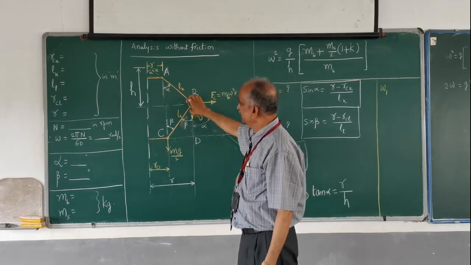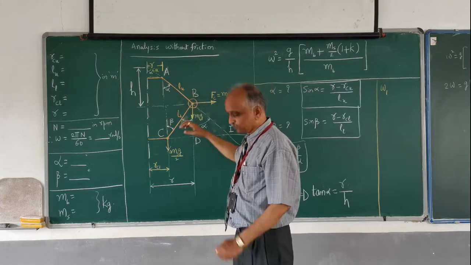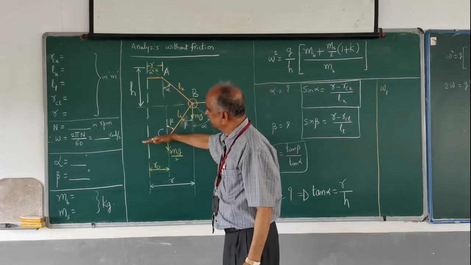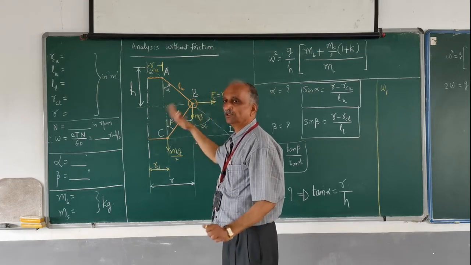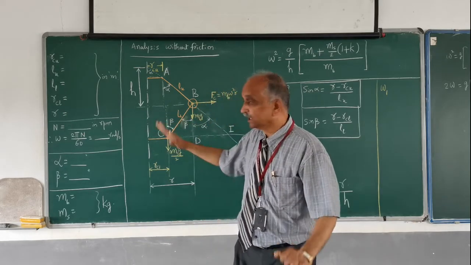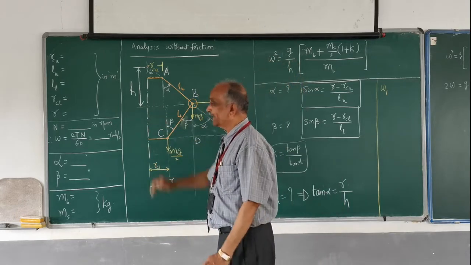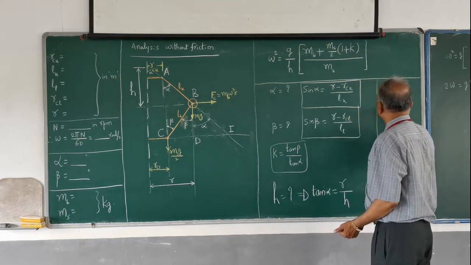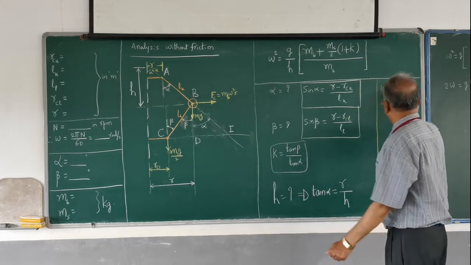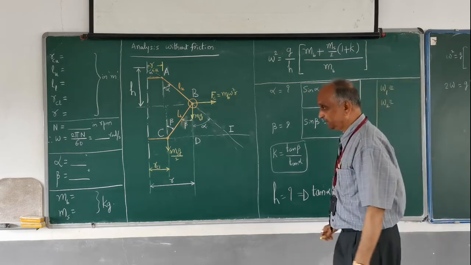And similarly, when the speed increases, the balls move outwards and the sleeve goes on moving, and it reaches the topmost position, beyond which the sleeve is not allowed to move up or inwards. That is the maximum position, and that speed I call omega 2. So omega 1 is the lowest speed, and omega 2 is the highest speed.